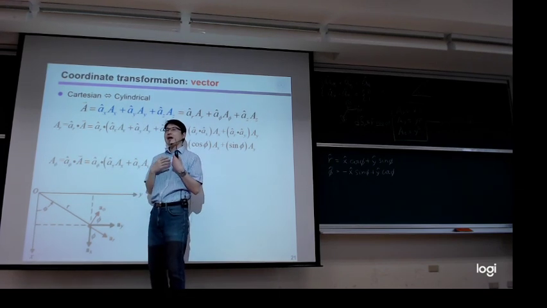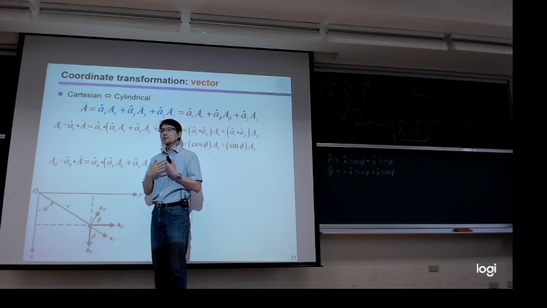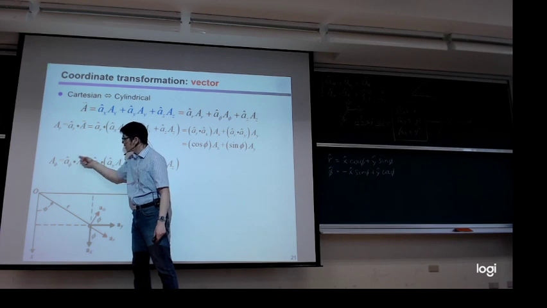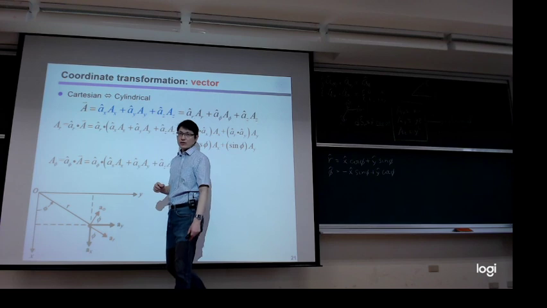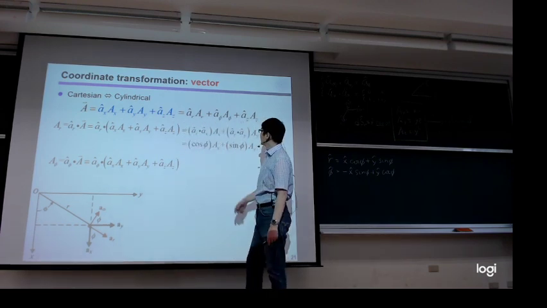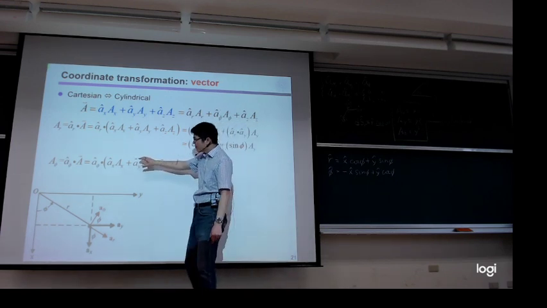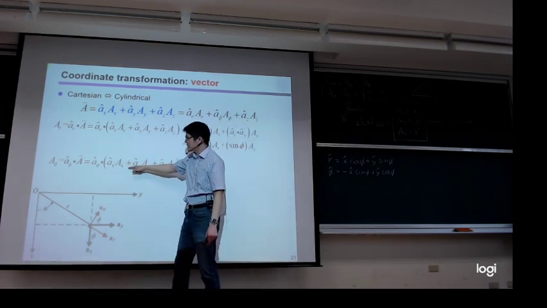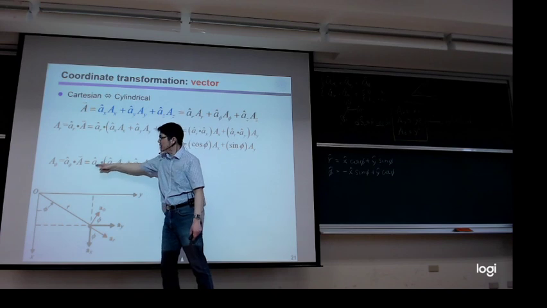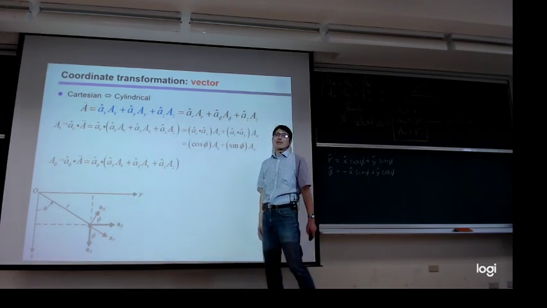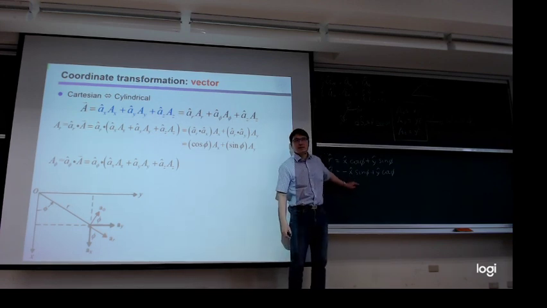You only have to make an inner dot product of the entire vector with the phi unit vector. Right? So you only extract this term. And that's equivalent to saying the Cartesian vector is now making an inner product with the phi unit vector. But that we already know, right? We already talked about it.